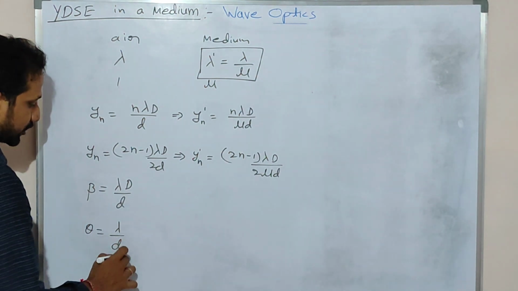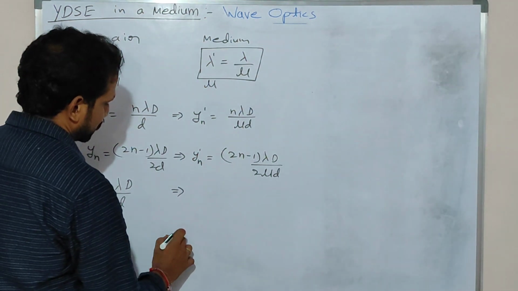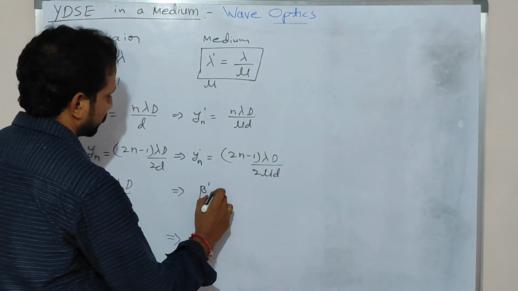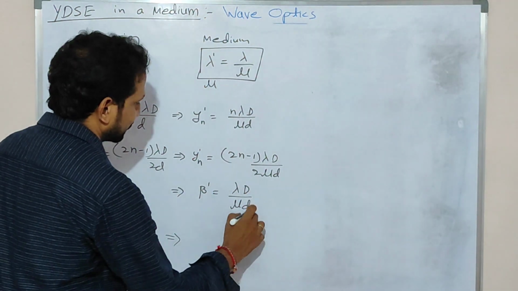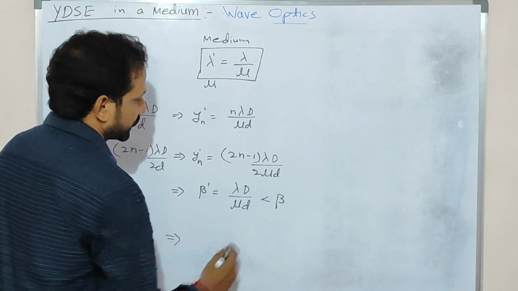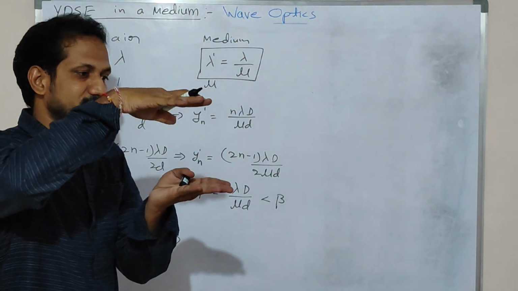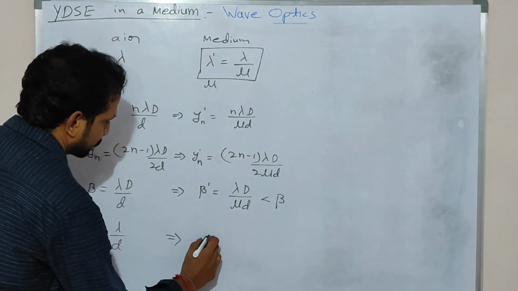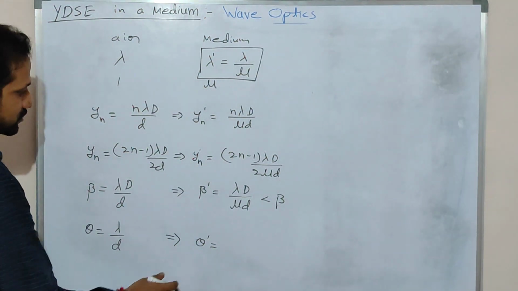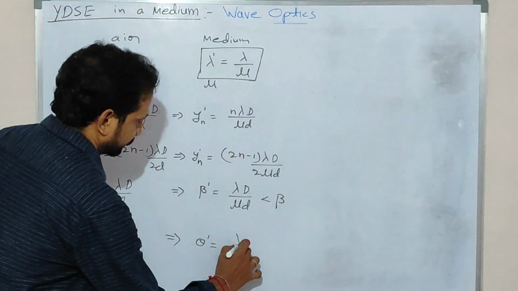Lambda by d, the angular fringe width. Similarly, in the medium, these two will vary. Beta prime equals lambda D by mu d. It will decrease, it will become less width. If this is the width in air, then in the medium it will become thinner. So theta prime, the angular fringe width in the medium, is lambda by mu d.